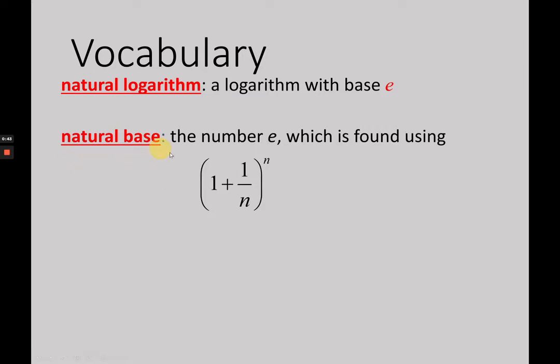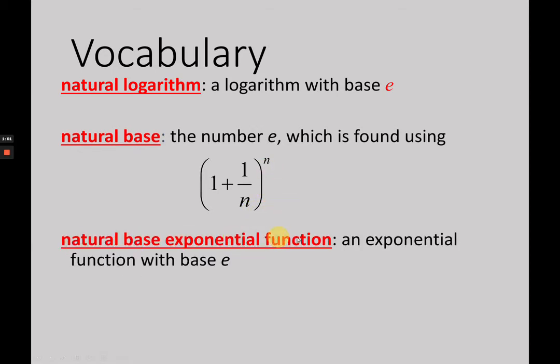Natural base is actually the number e, which I will show you later on the Desmos calculator, found using the expression 1 plus 1 over n raised to n, which is true for a huge number n. Natural base exponential function is an exponential function with base e, or basically an exponential function with Euler's constant and it has a power.